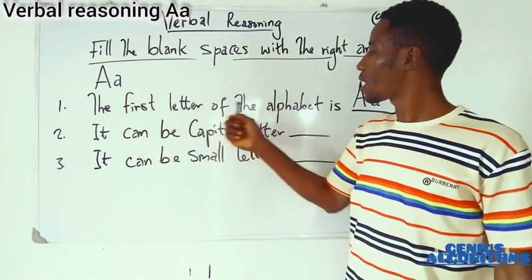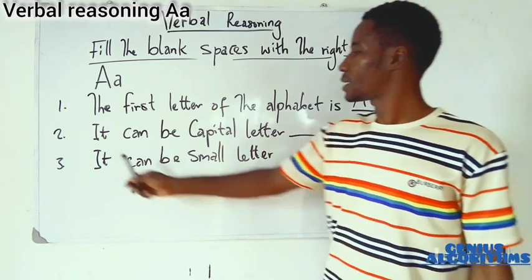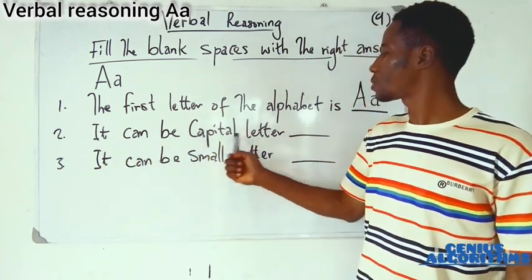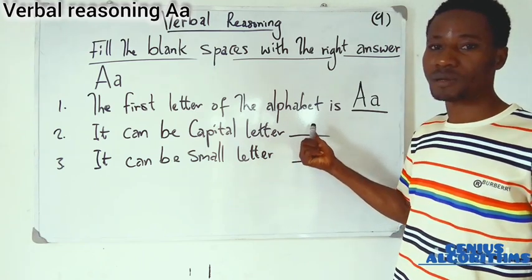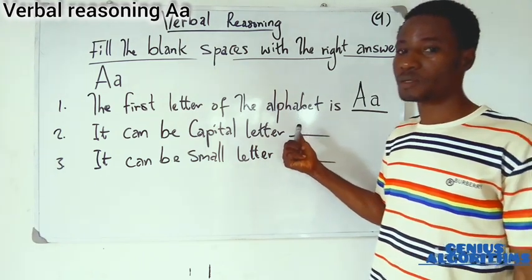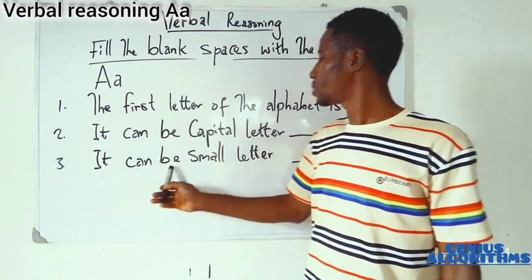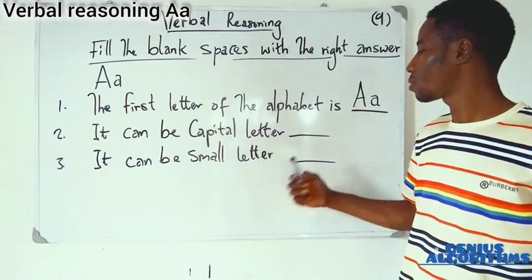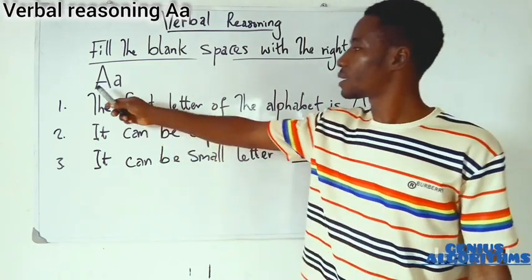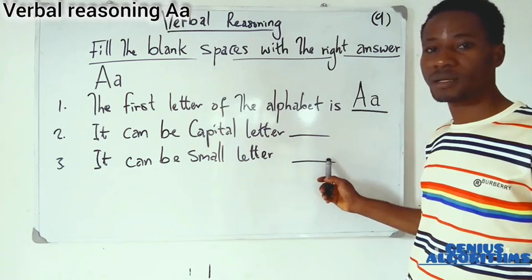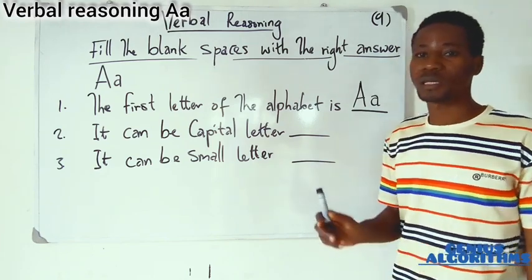The first letter of the alphabet is A, and then it can be capital letter what? Then we need to fix in the capital letter here, and not the smaller letter. Then it can be small letter what? The first letter of the alphabet can be small letter, and then we fix in the smaller letter in here. So that's what we need to do on this activity.